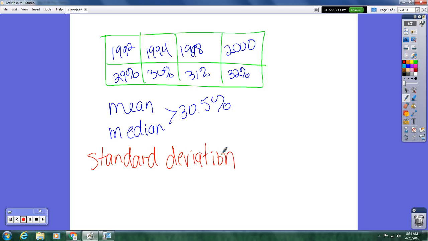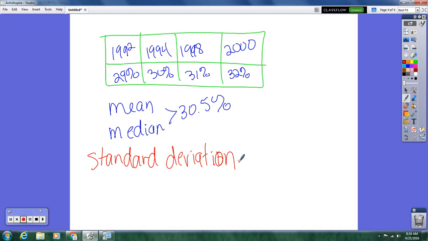Standard deviation. Does anybody know what it means then?